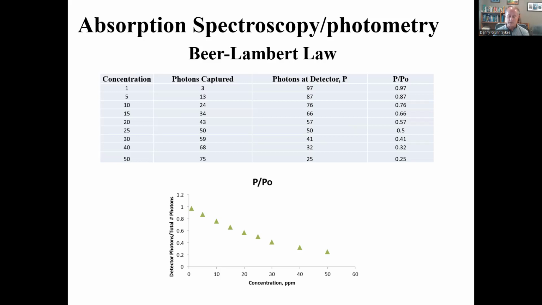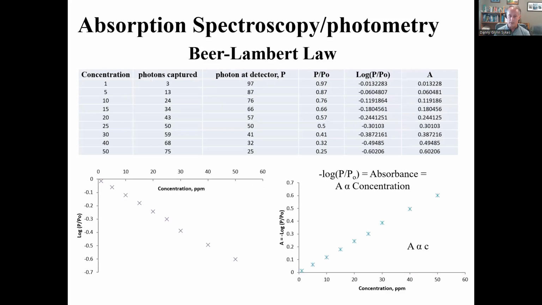And so what I want to do is find a way to take this data and make it linear with respect to concentration, but also increase so that the response increases with concentration. And so what I'm going to do is take the log of that ratio, and that's what's plotted on the left-hand curve right here. And the log of a number less than 1, because remember, P is always smaller than P0, is negative.